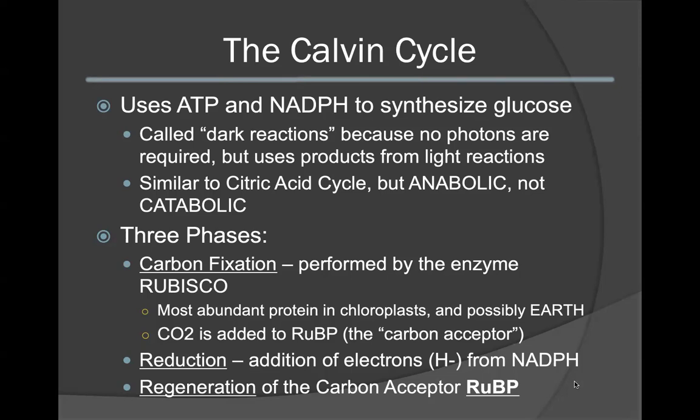Finally, we will have the regeneration phase, where some of these precursor sugar molecules, G3P or glyceraldehyde 3-phosphate, will be used to regenerate your 5-carbon carbon acceptor molecule, ribulose 1,5-bisphosphate, or RuBP.